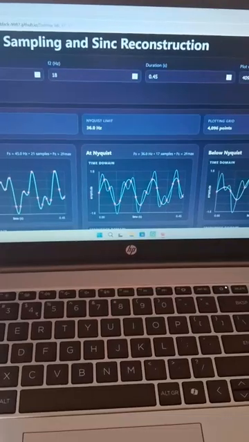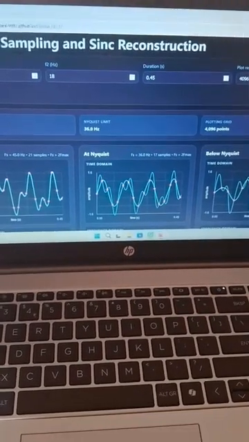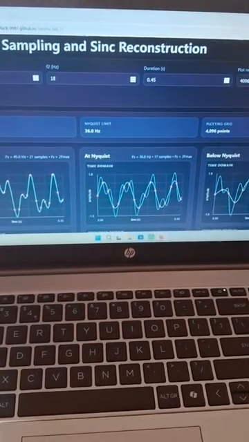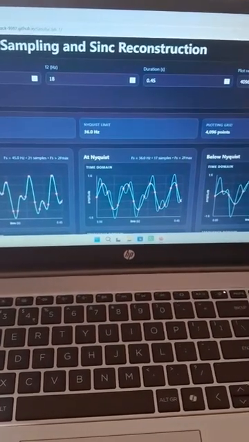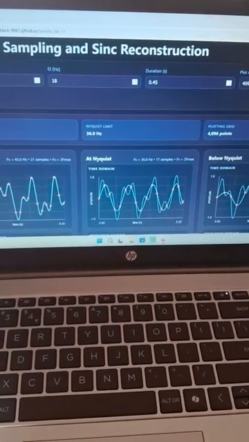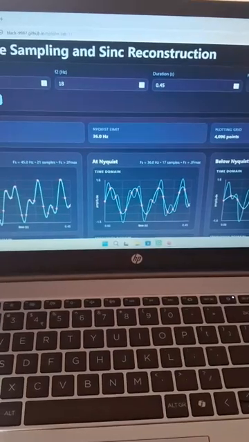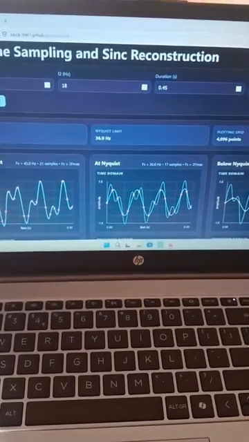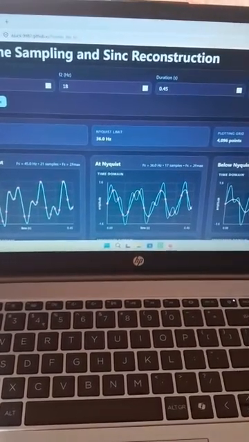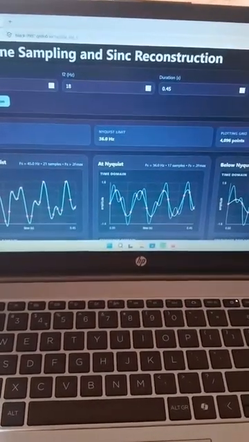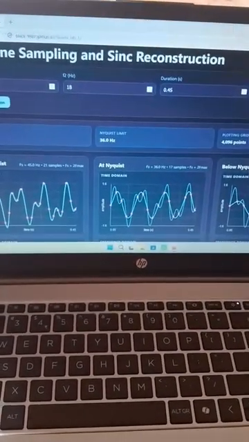In this simulation, we have a signal containing two different frequencies. The first frequency f1 is 8 Hz and the second frequency f2 is 18 Hz. So the highest frequency present in our signal is f max equals 18 Hz.